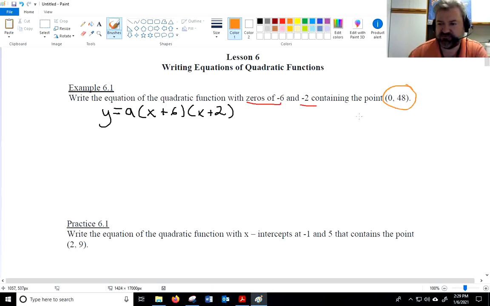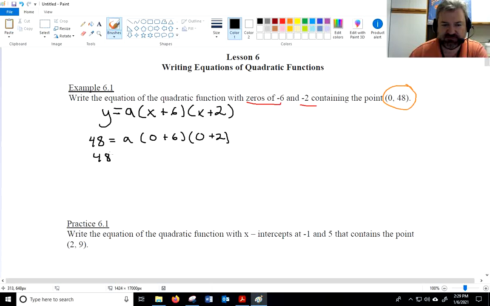The additional piece of information we have here is that the graph contains the point (0, 48). So I'm going to put 48 where the y is and 0 where the x is and solve for the missing a parameter.